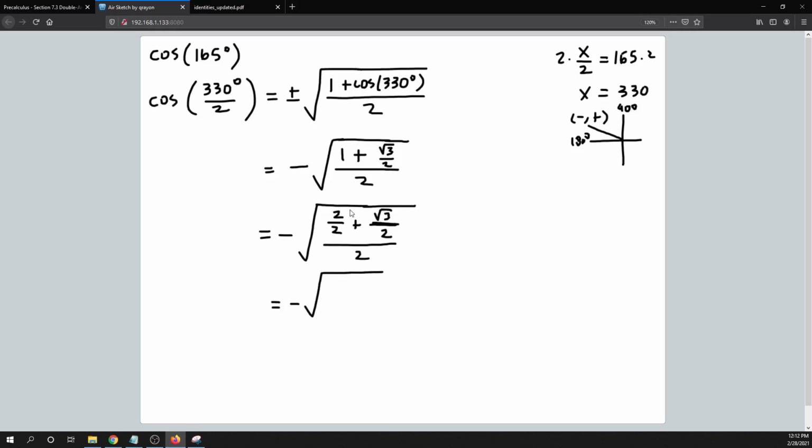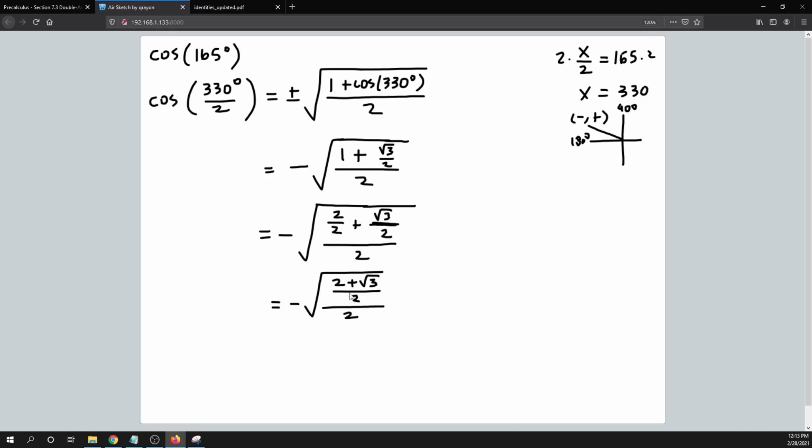Since they have a common denominator, I can go ahead and combine those: 2 plus square root 3 over 2, all over 2 again. So I've combined the two fractions up in the top.